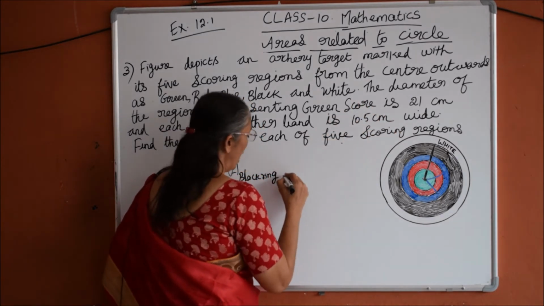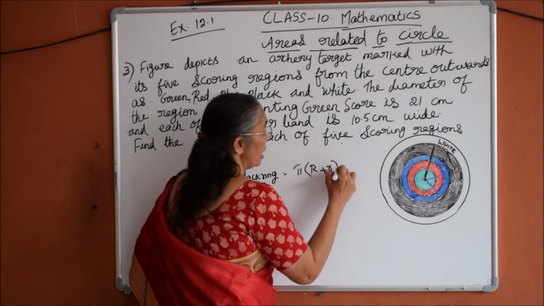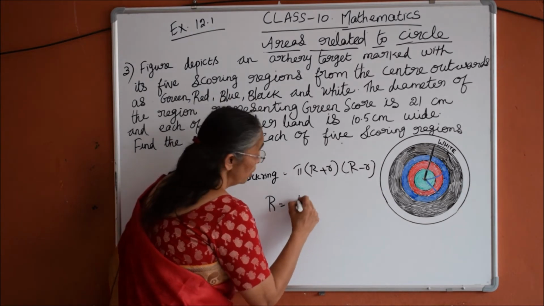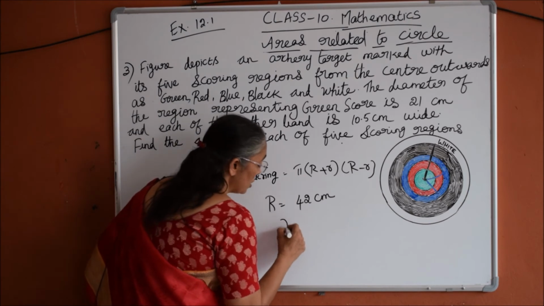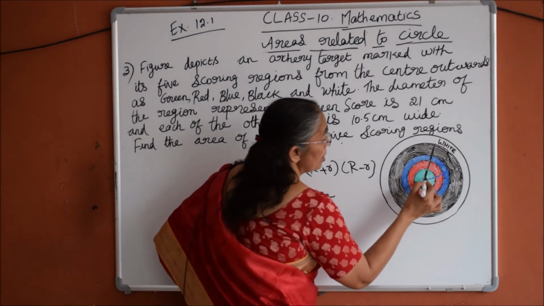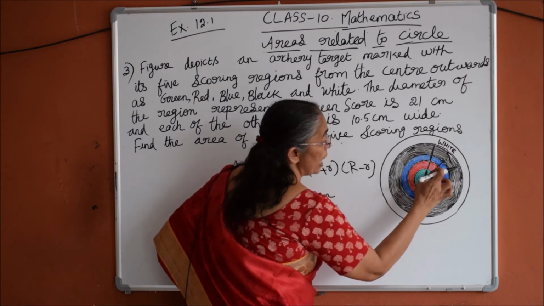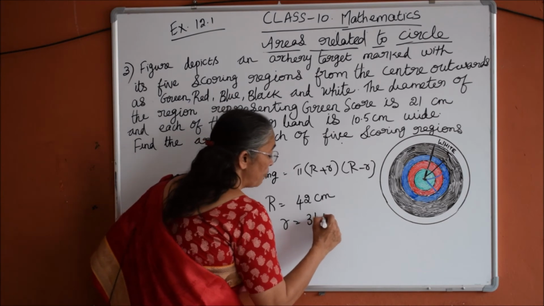So, the formula is pi of R plus r into R minus r. Capital R is 42 centimeters, and small r is from here to the end of the blue region, so we add 3 times 10.5, which is 31.5.